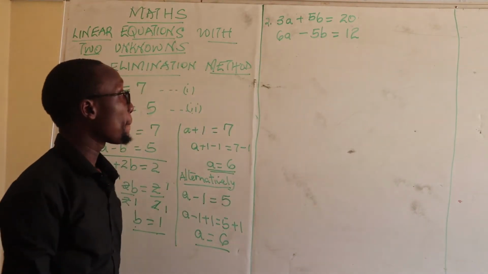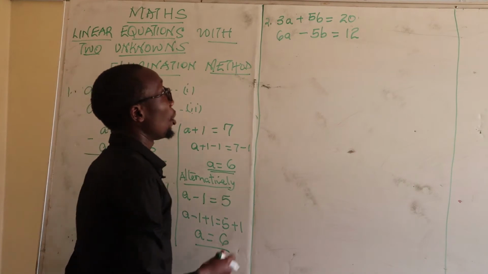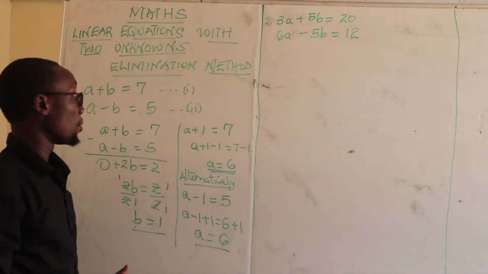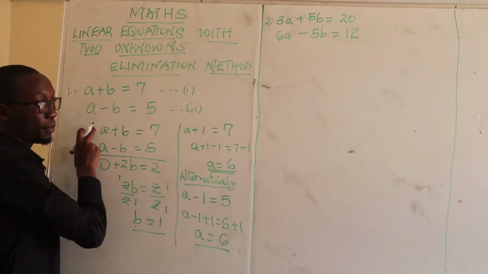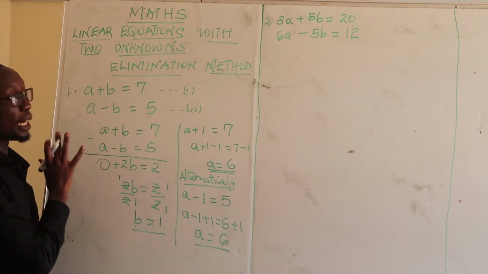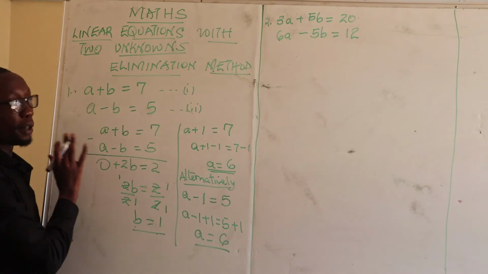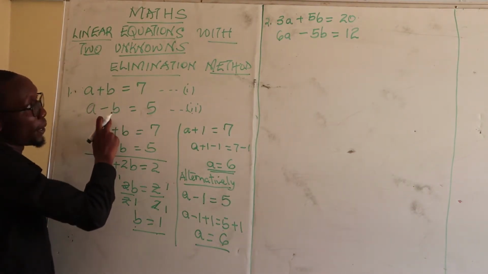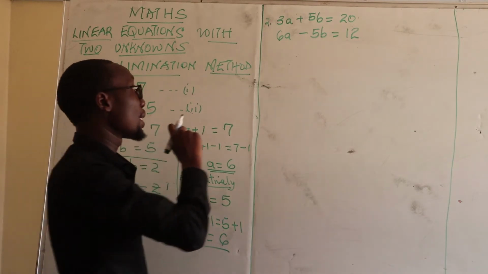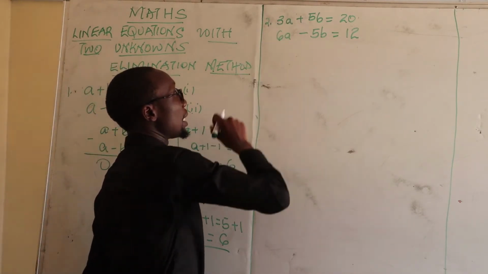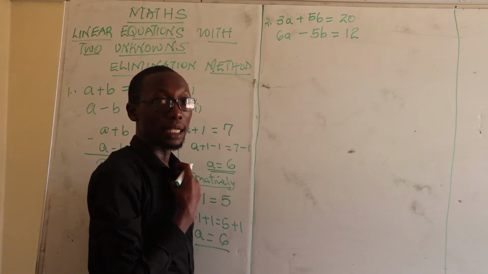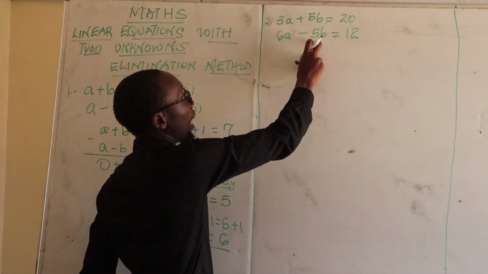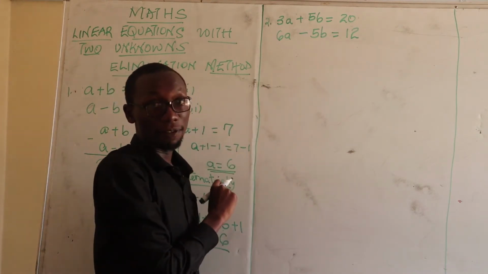So again, when you have different coefficients, as you'll notice, in our first example all the coefficients of the unknowns were 1. Now in this case, the coefficient of A is 3, the coefficient of A here is 6. The coefficient of B is 5, and the coefficient of B here is negative 5.